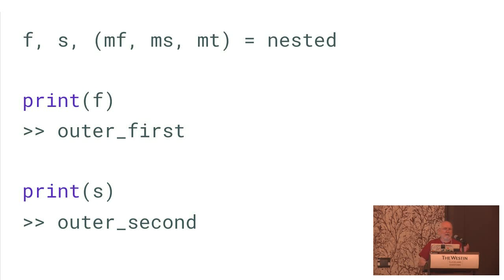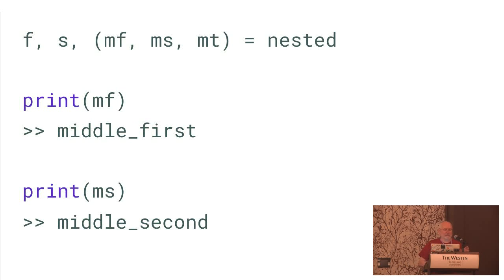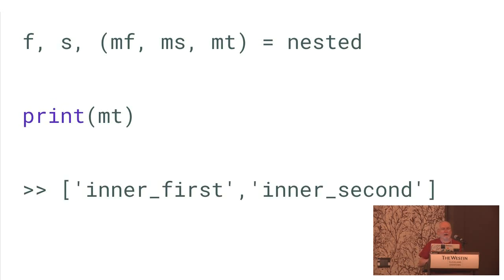But now the middle list, sitting in that third place, we've unpacked it into those variables. So now I can see there's my string from the middle list, there's a second string from the middle list, and that third item is the list all the way at the bottom. Make sense to folks?